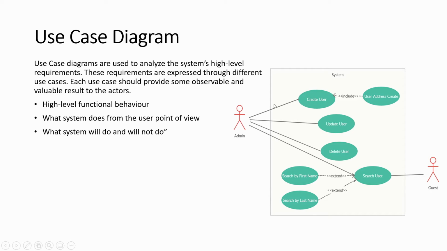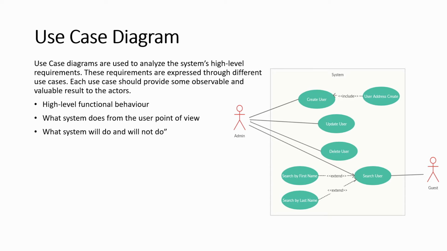And for create user, update and delete, there could be other included flows also, like when I create a user, I should also be able to create an address for that user. So we can create these kinds of use cases for our previous service, which was user management.